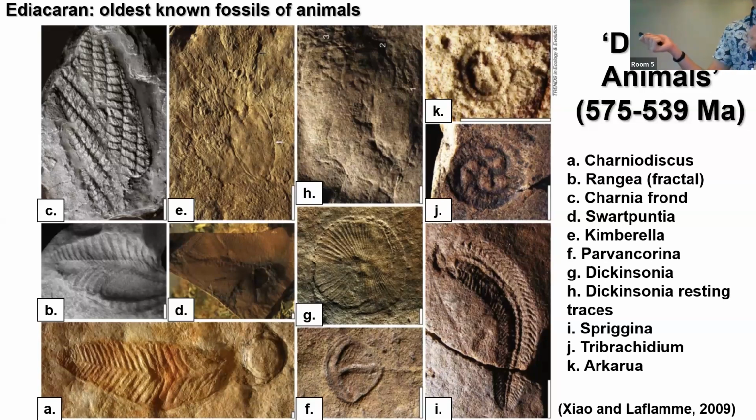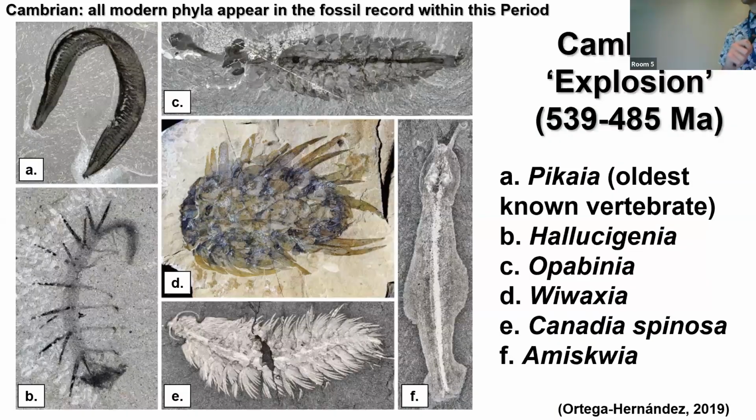But following this period of the Ediacaran, the geologic period of rocks at that age where we get these oldest animal fossils, we then have the Cambrian explosion of life, which you may have heard of. It's where all modern phyla show up in the rock record, and even some phyla that do not exist today. They have characteristics where they get spines, they start preying on each other, they start doing all of these mobile things, higher energy.